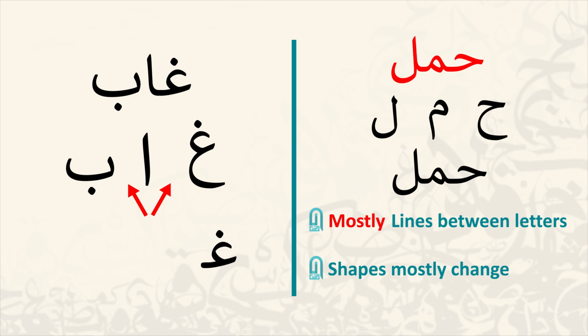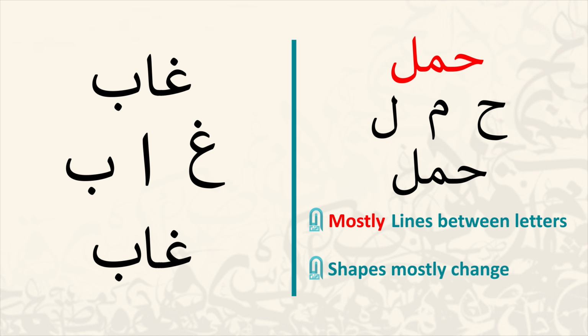But it is one of 6 letters that follow the same rule, which is they accept joining only from the right side. So here we stretch a line to the right. But from the left we leave a gap, and the last letter will be the same, as it cannot be joined from the right and also cannot be joined from the left because it is the last letter of the word.